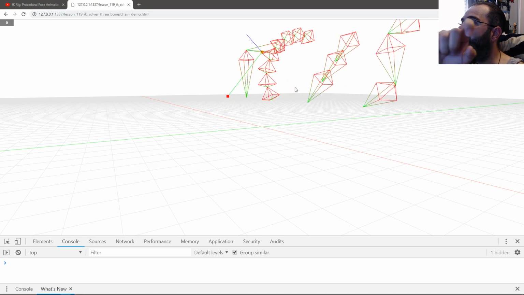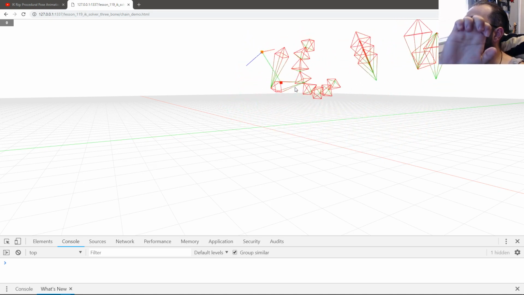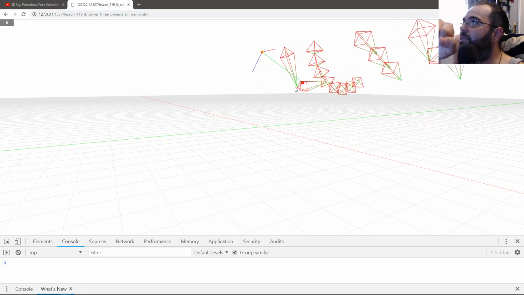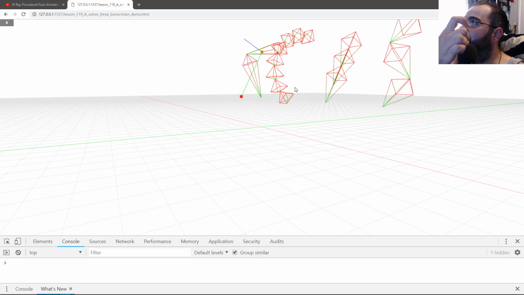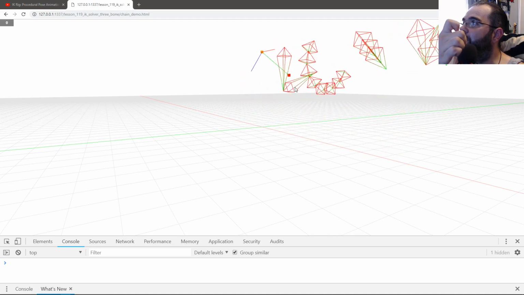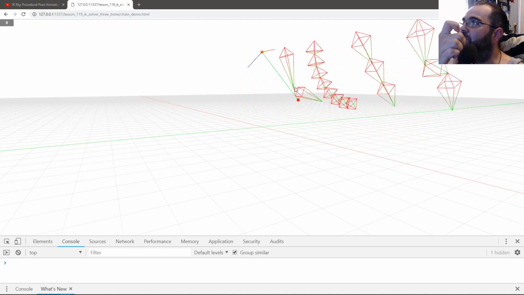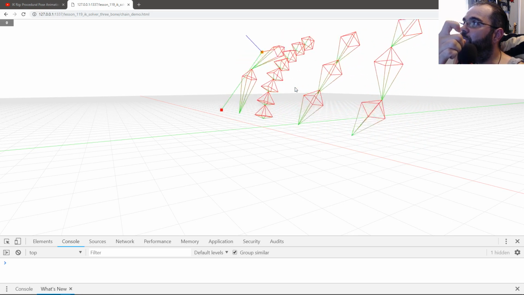So between doing something like this and something like this, I don't know if it's hard to illustrate, but if you sit there and just play around with your finger and watch how the bones rotate, you'll probably get what I'm talking about.